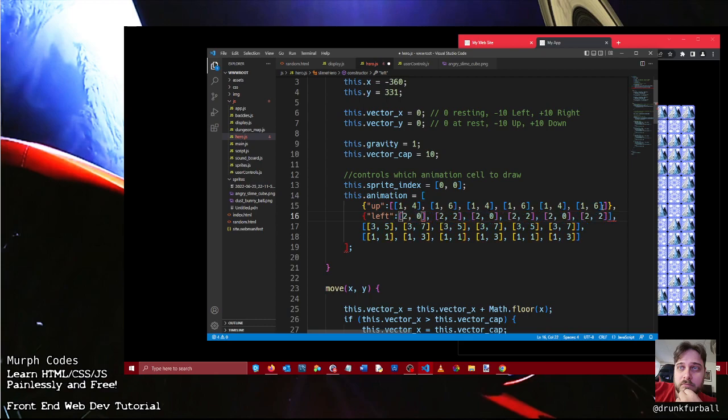I don't know if this is going to improve that or make this more complicated. We will just have to see. Up, left, right.